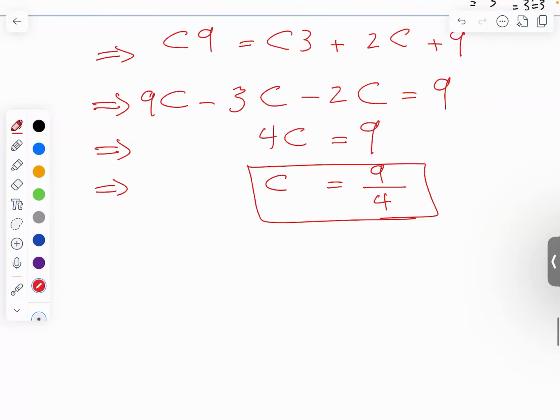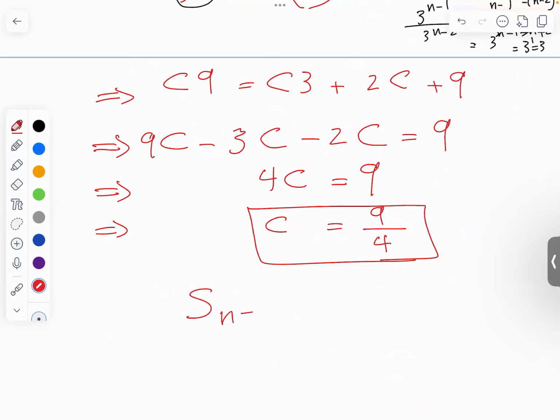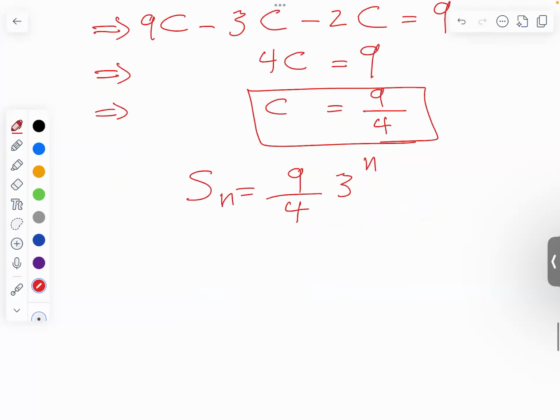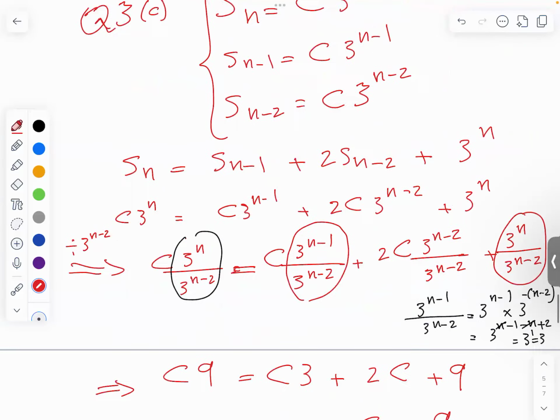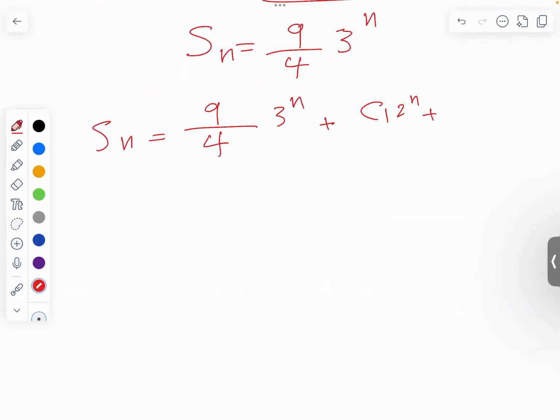So Sn equals 9 over 4 times 3 power n. So the general solution for the non-homogeneous recurrence is 9 over 4 times 3 power n plus C1 times 2 power n plus C2 times minus 1 power n.